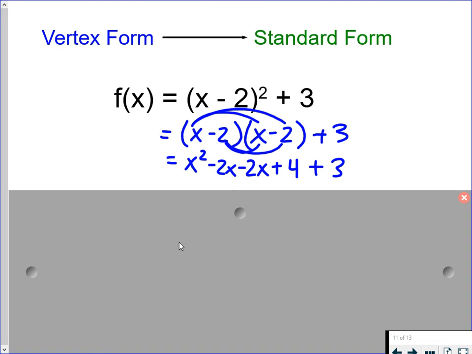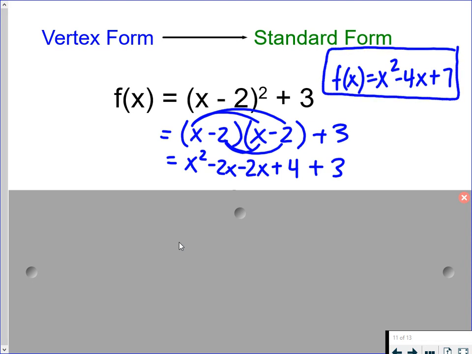Combine like terms, I should end up with f of x or y, it doesn't matter, x squared minus 4x plus 7. So we went from vertex form to standard form. And standard form is what y'all are going to be working on tomorrow, okay?